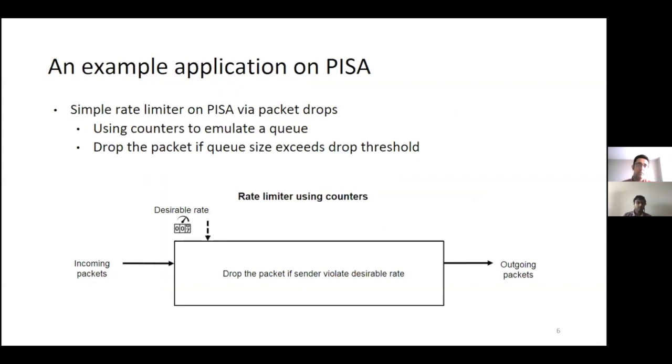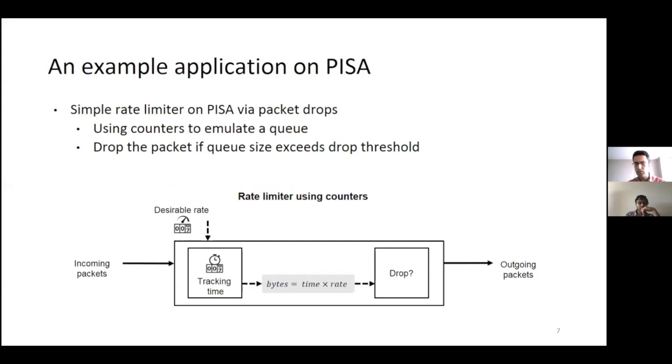Here is an example. I've been trying to implement a rate limiter using counters in a P4 program. My rate limiter tries to emulate a queue using counters, and I drop the packet if the queue size exceeds the drop threshold. In other words, I'm measuring the input rate of the packets, and I drop the packet if the sending rate of the sender is more than a desired rate.